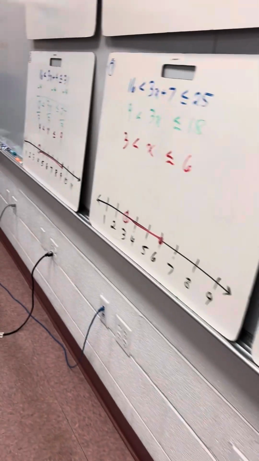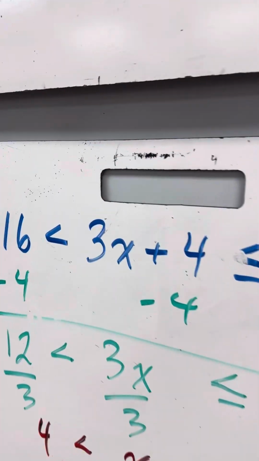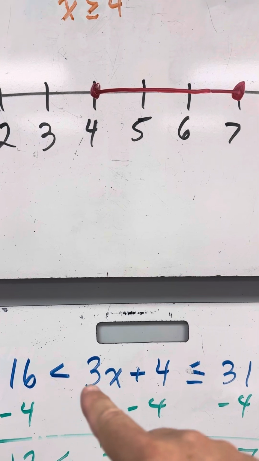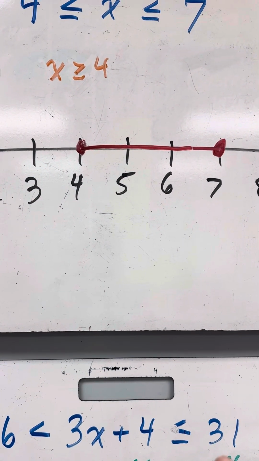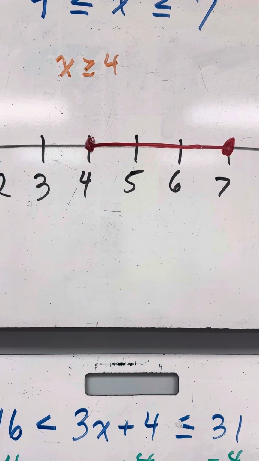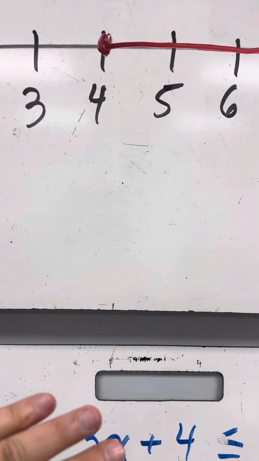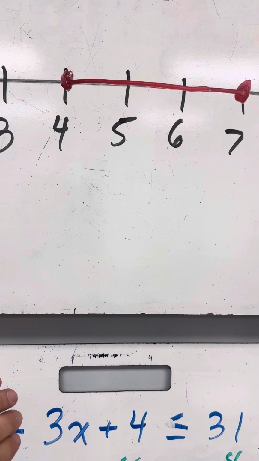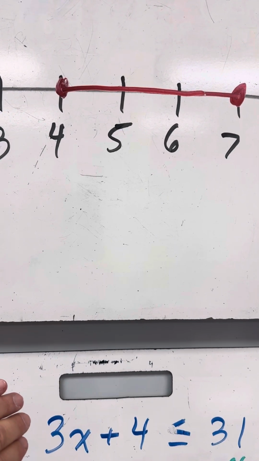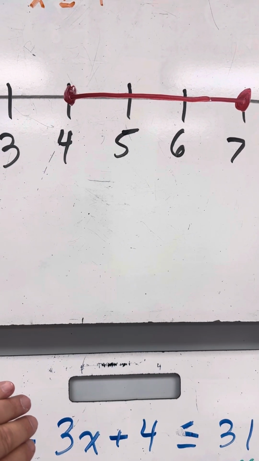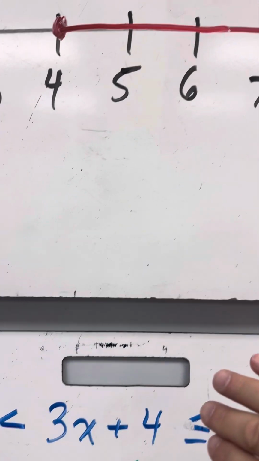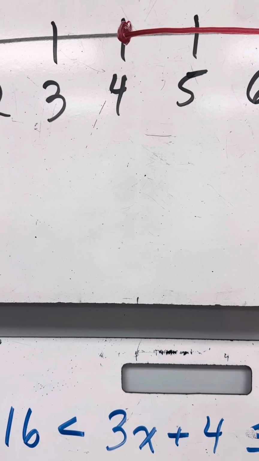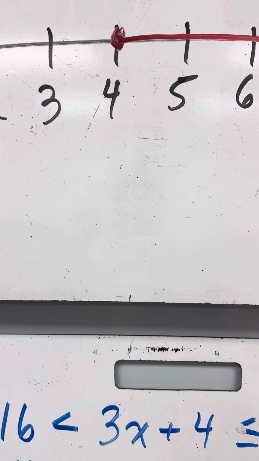Okay, now over here I have 16 less than 3x plus 4 less than or equal to 31. All right, if I just had this, just 3x plus 4 less than or equal to 31, wouldn't I minus 4 to both sides, right? And if I just had this, 16 less than 3x plus 4, wouldn't I minus 4 from both sides?